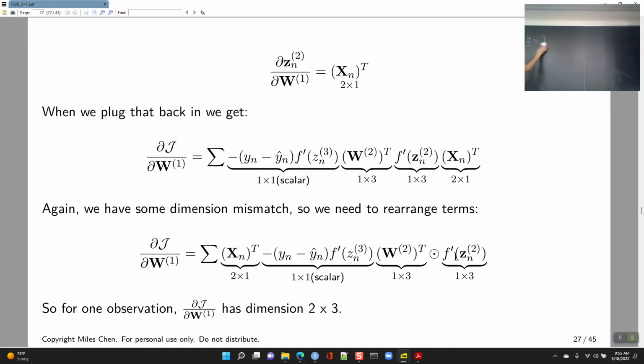Right now what we have, I'm going to just take this first row, transpose it, and multiply it by this whole thing, which is just a 1 by 1 scalar.